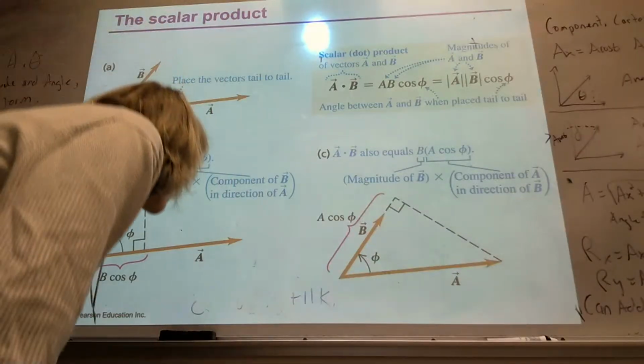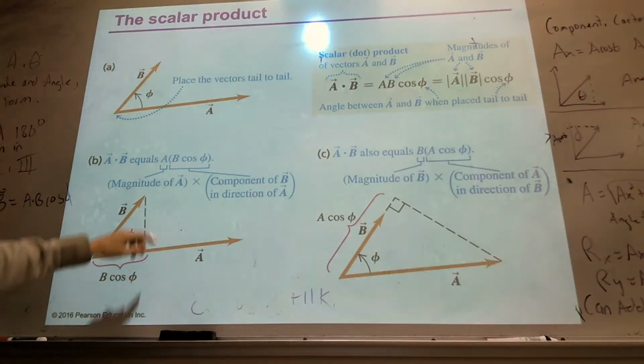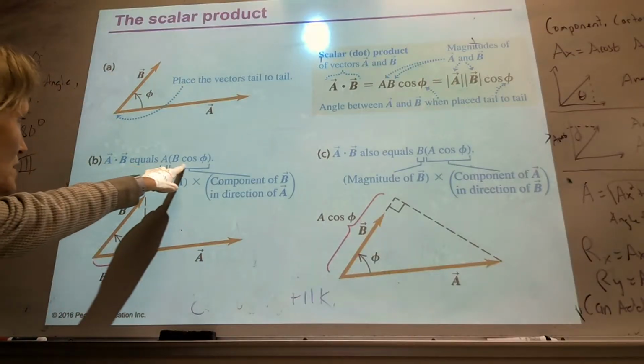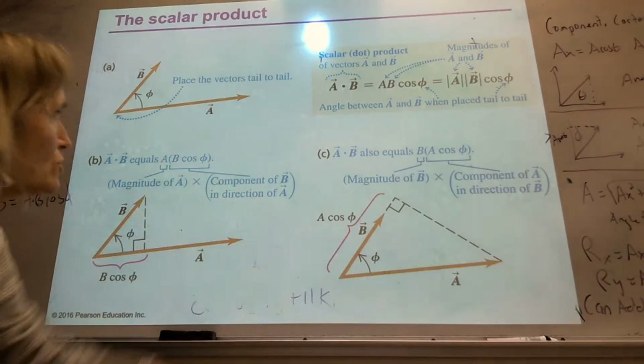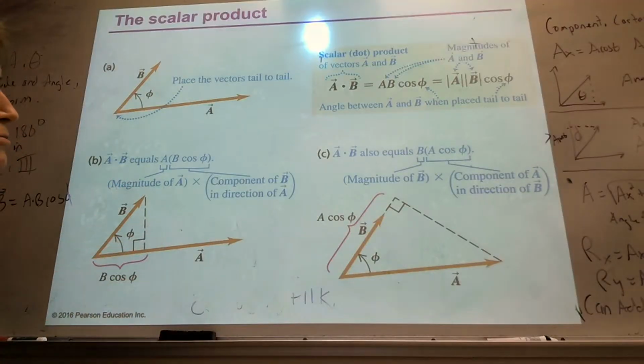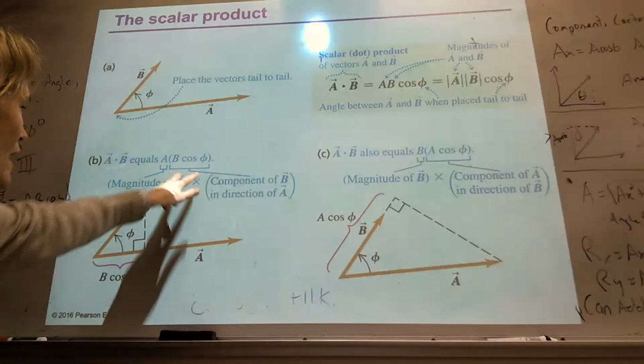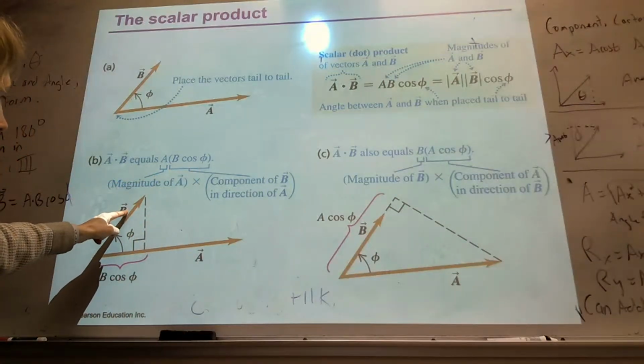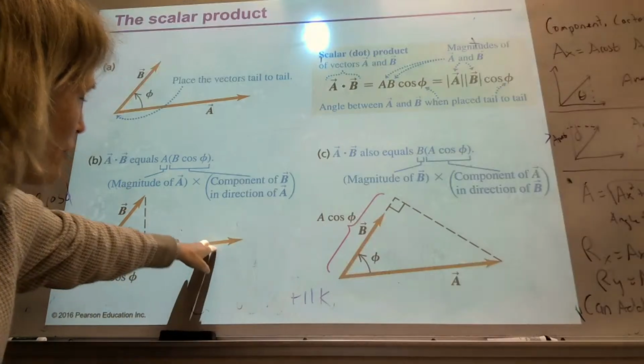Another way of representing this dot product is A dot B equals this, which is the component of B in the direction of A. The component of B along the direction of A. Remember how when we were looking at force, we said it's the component of the force that's parallel to the displacement.